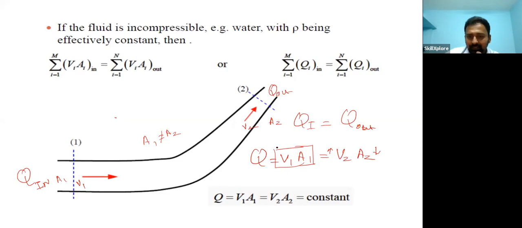If you go on narrowing the area, if you decrease the area, then automatically velocity gets increased. This is what happens in nozzles also. So this continuity equation is very important. Try to understand this topic, as this equation is very important while solving problems.